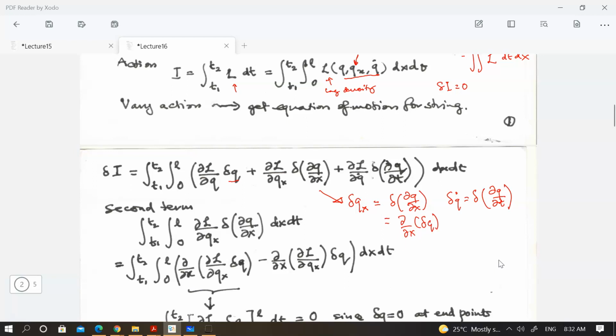Okay. So in other words, what I need for this particular term is to remove this derivative from acting on delta Q by using integration by parts, and make it operate on your partial L, partial Qx.